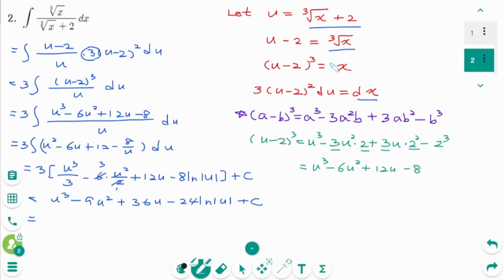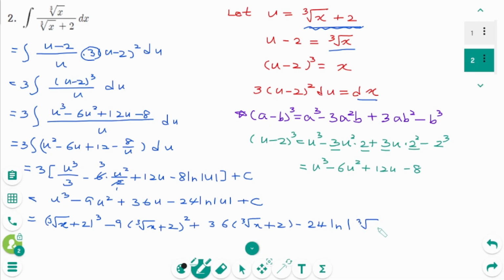The final answer, where u is cube root of x plus 2, is cube root of x plus 2 cubed minus 9 times cube root of x plus 2 squared plus 36 times cube root of x plus 2 minus 24, and then the ln absolute value of cube root of x plus 2 plus c.